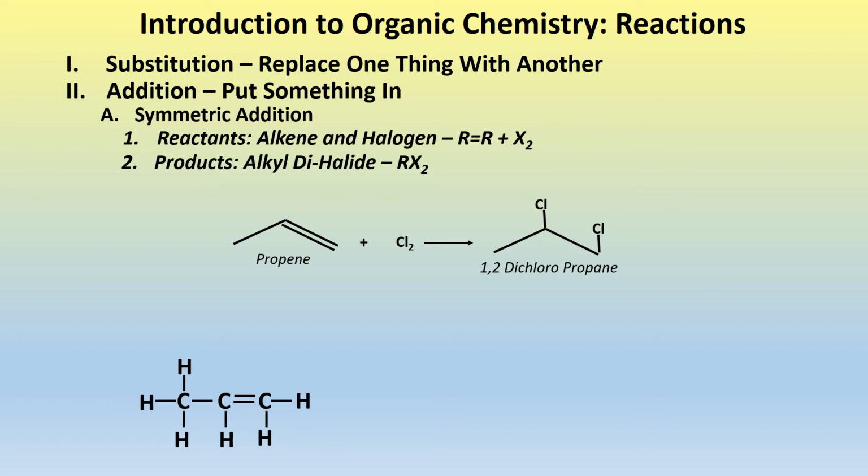These are bonded together by 2 electrons. The chlorine is also bonded by 2 electrons. Essentially, the double bond opens up and the bond between the chlorines opens up. Each side is still donating 1 electron each, and you wind up with 2 carbon-chlorine bonds.